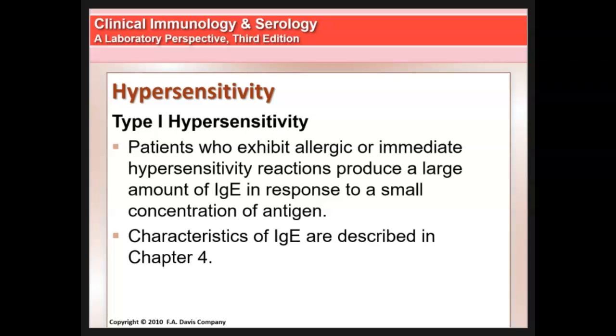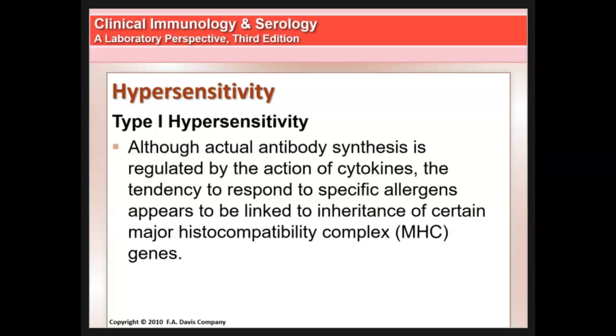Kustner got some serum from his buddy Prausnitz and injected it with the fish antigen, and that induced an allergic reaction at the site. That's called passive cutaneous anaphylaxis. I tell you that story not so you have to memorize who Kustner and Prausnitz were, but so you know that people did some crazy things back in the day and that it can be inducible.